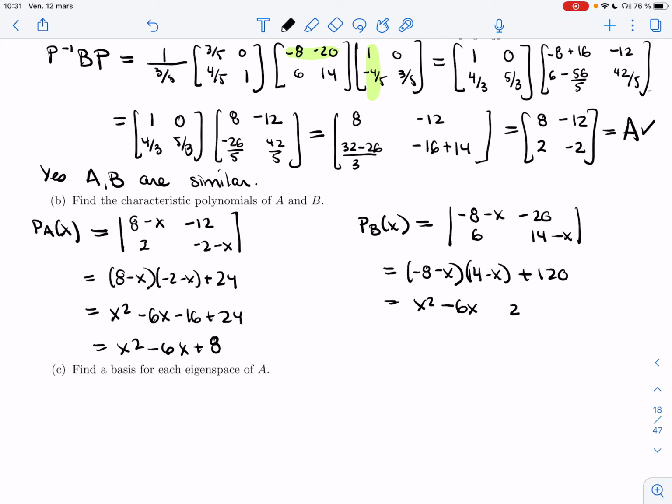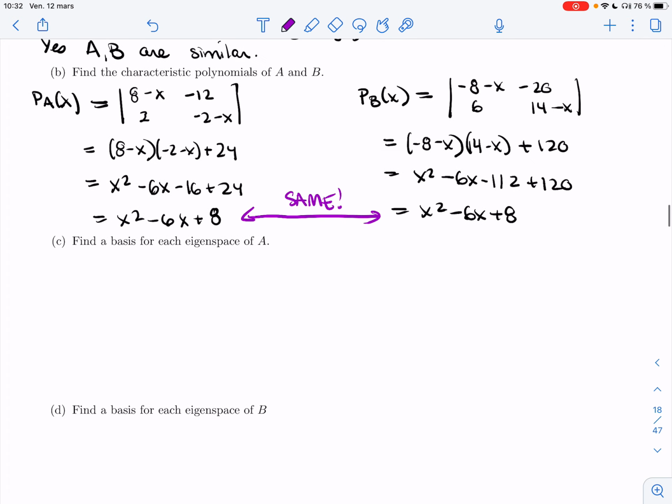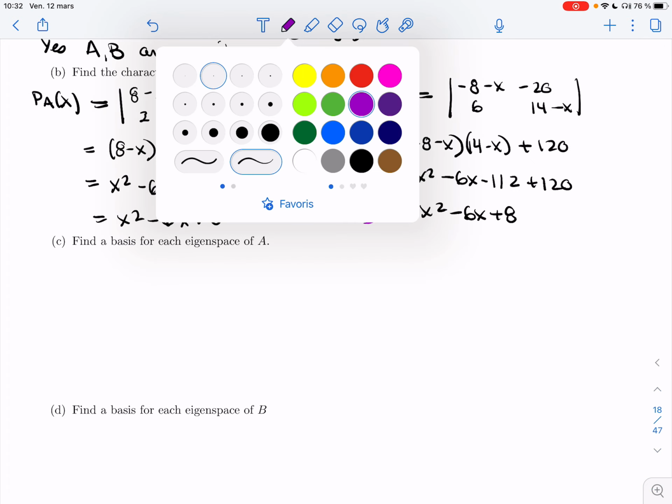And then I have minus 8 times 14, that's 112, plus 120. I get x squared minus 6x plus 8. And so these similar matrices have the same characteristic polynomial. That's nice. And so they'll have the same eigenvalues since these are the zeros.